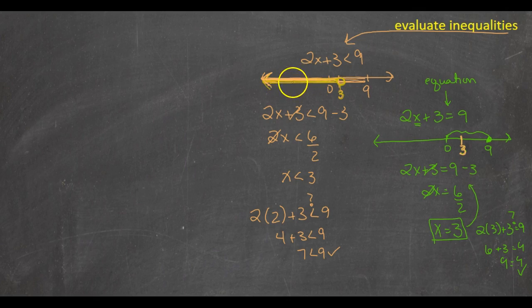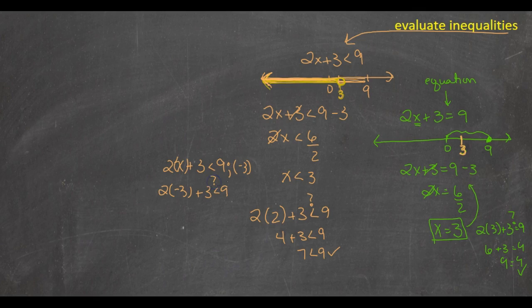Let's check another one. Let's check -3, just for fun. So if I put in 2x plus 3, just going to write the original down, is less than 9, and we want to evaluate this at -3. So I'm going to put -3 in, 2 times -3 plus 3 less than 9.